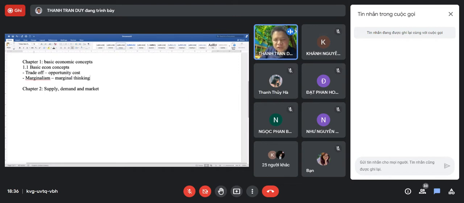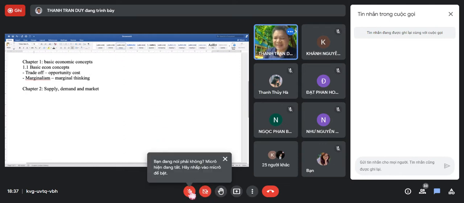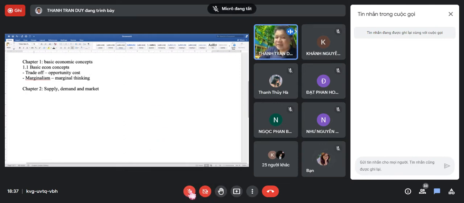Just give me keywords that explain what it means by marginal thinking. Anyone? Principle number 3. Yes, Thư?